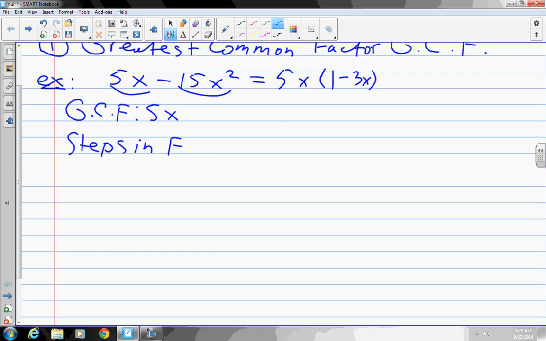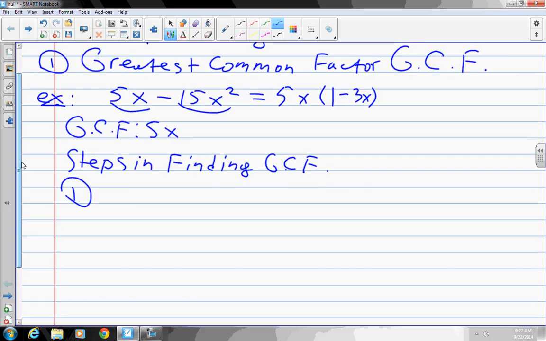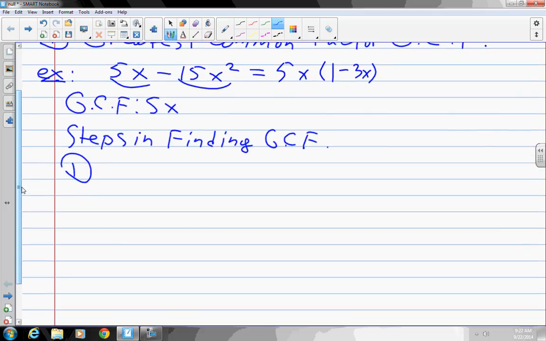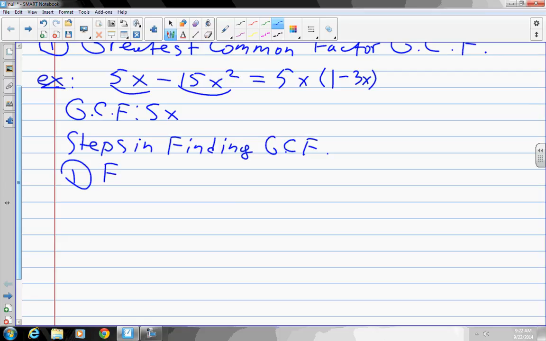in finding the GCF: first, find the largest numerical factor.